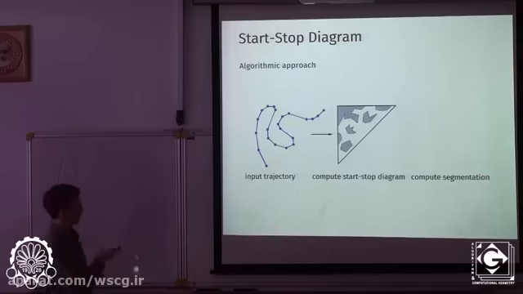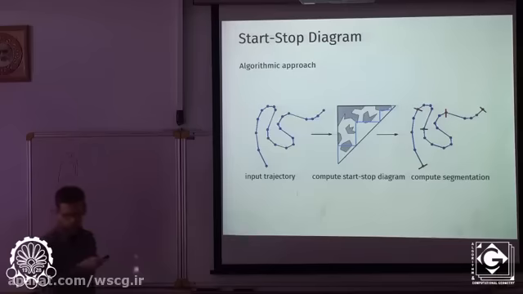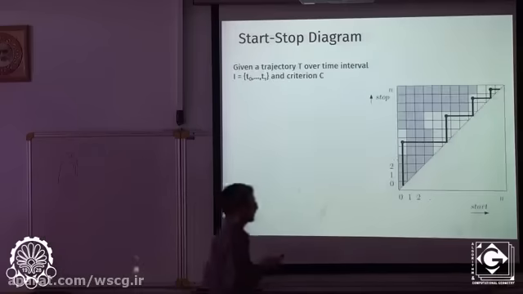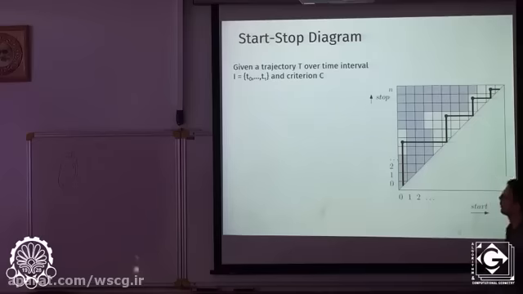Instead, we will compute these start-stop diagrams and use those to then compute the segmentation. And the idea is very simple. I'm given a trajectory and I have the timestamps. Now, assuming I'm only segmenting at vertices, for any possible segment I can check whether it's valid.